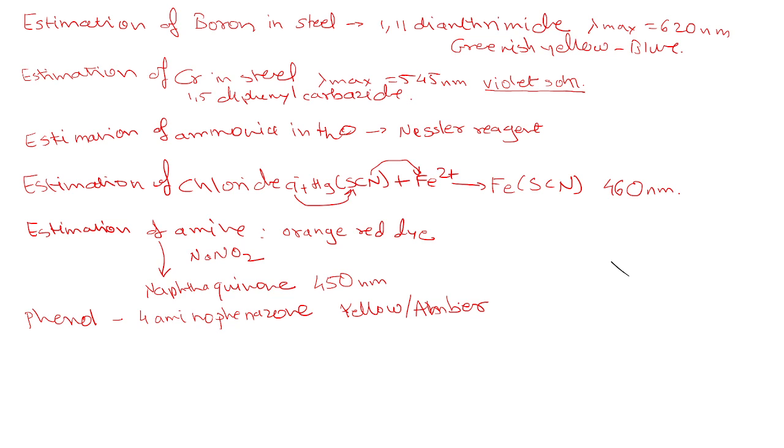So that can also be determined using this colorimetric method, which absorbs at 460 nanometer. This is also forming a yellowish complex coloration. So these are the different methods you can use.